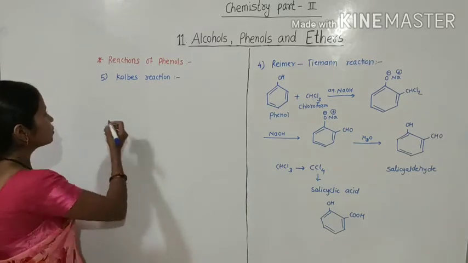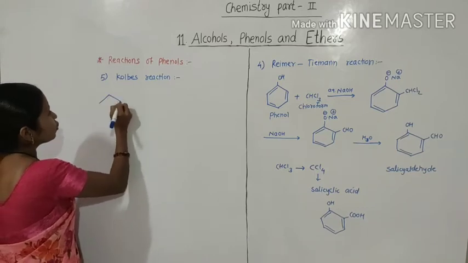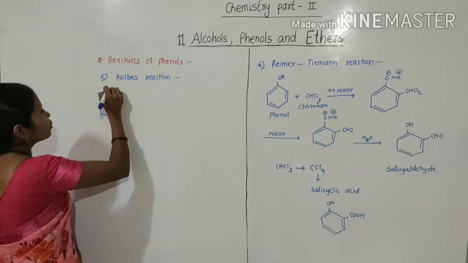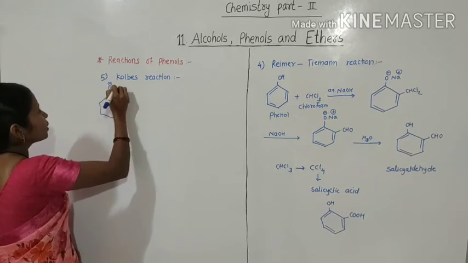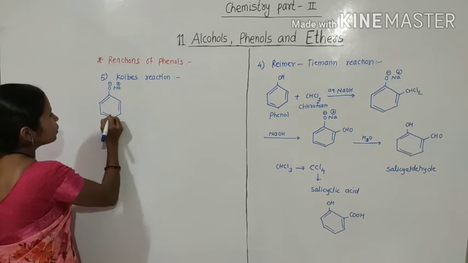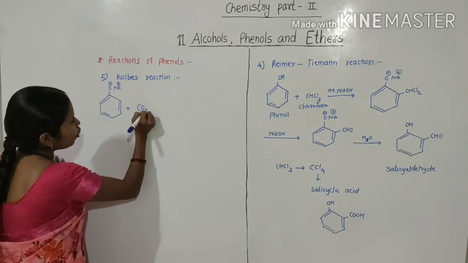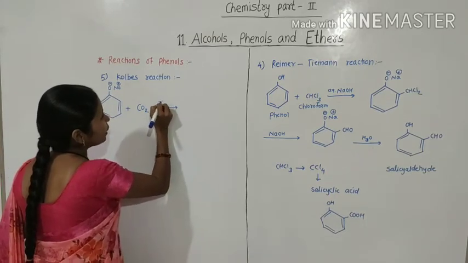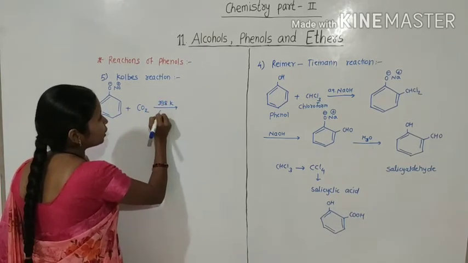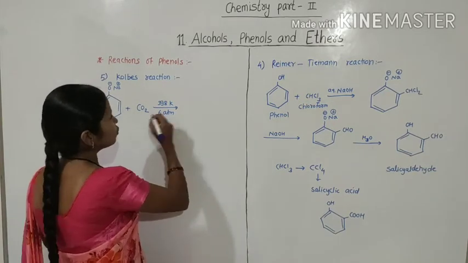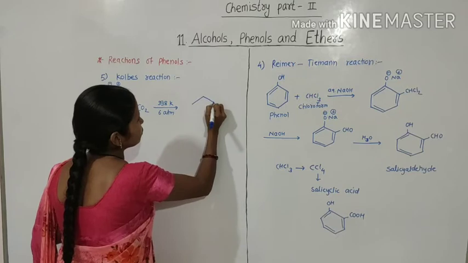See the reactions. Here sodium phenoxide is treated with carbon dioxide at 398 Kelvin and a pressure of 6 atmospheres to form sodium salicylate.